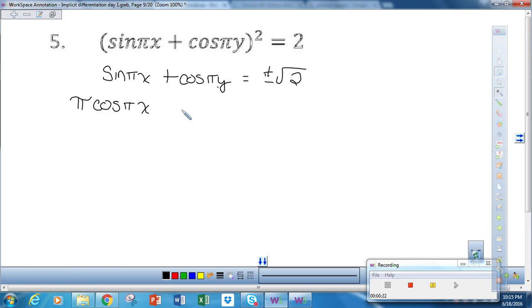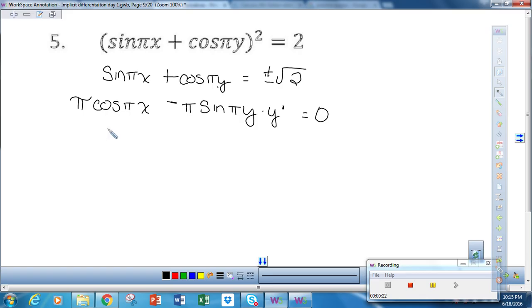This would be pi, negative, let me just make that a subtraction sign, makes my life easier, because the derivative of cosine is negative sine, so it would be negative sine pi y, and then what else do I need here? You got it, dy dx, and that's equal to 0.